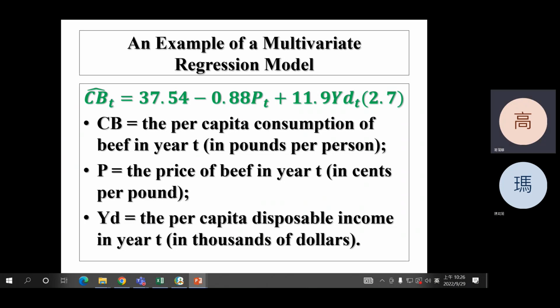When price goes up, the consumption of beef will decrease, right? When price goes up, the demand will decrease. This is what we call the law of demand in economics. So in fact, this follows the expectation we have.